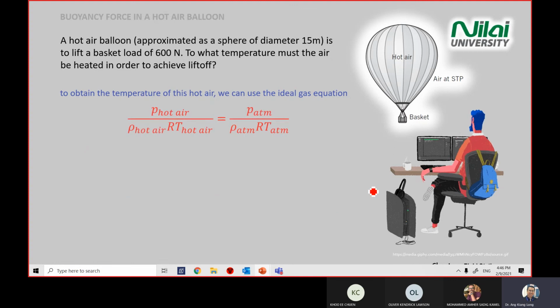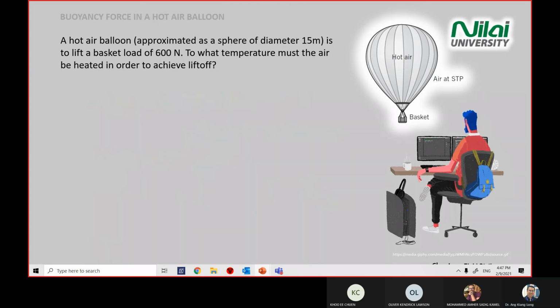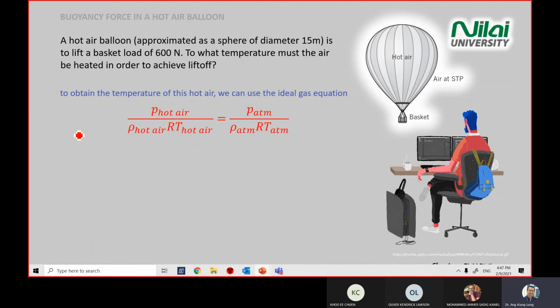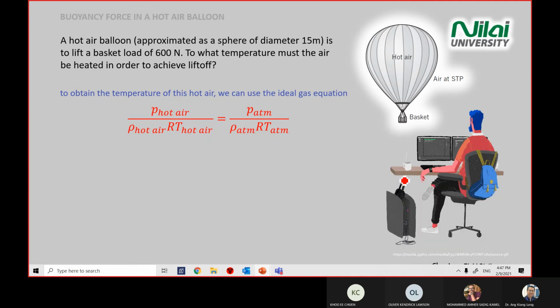Okay, the next one, once you get the rho hot air, you do a comparison by using the ideal gas equation. So you know that P equal to rho RT.